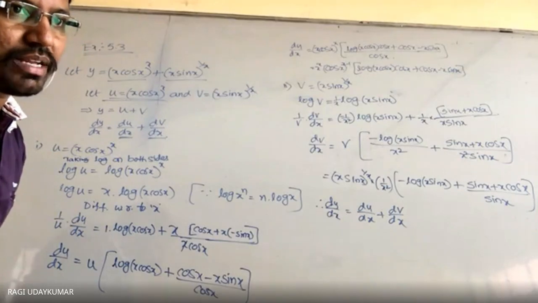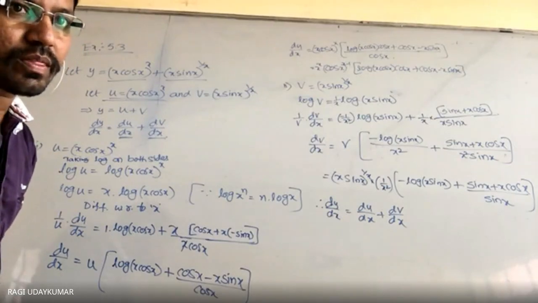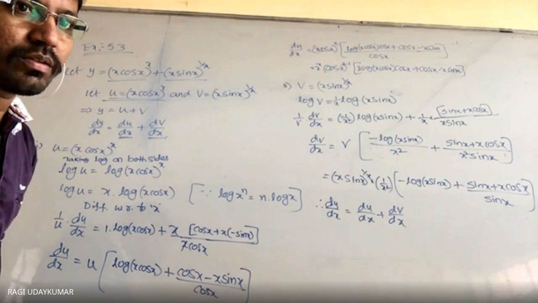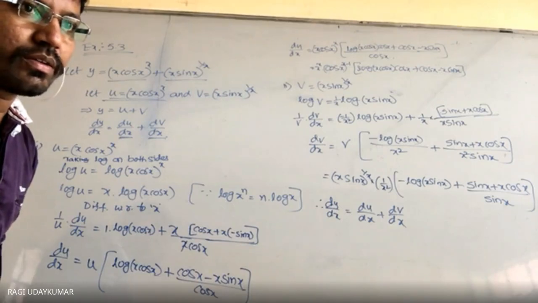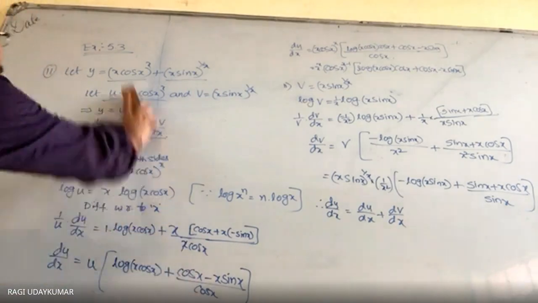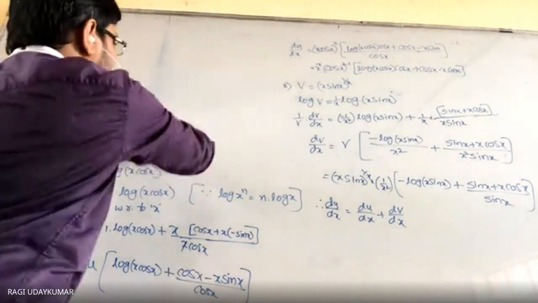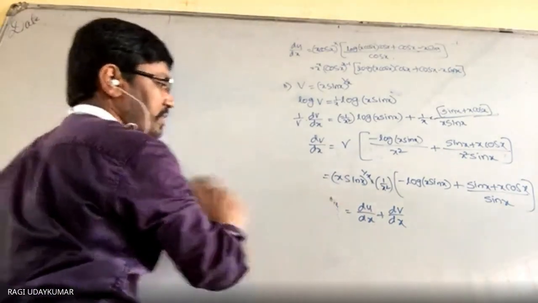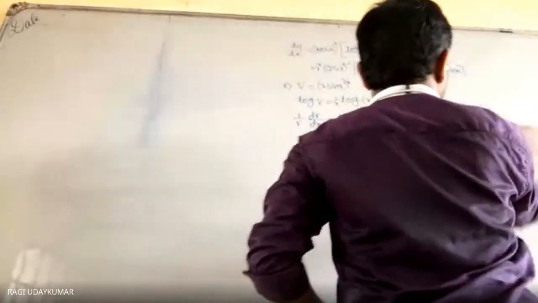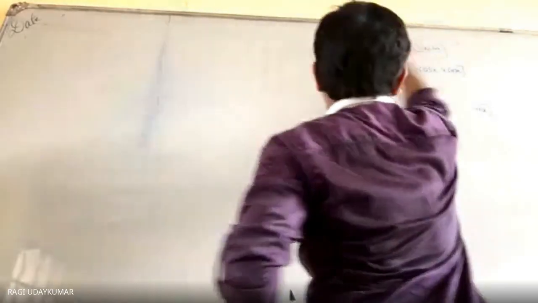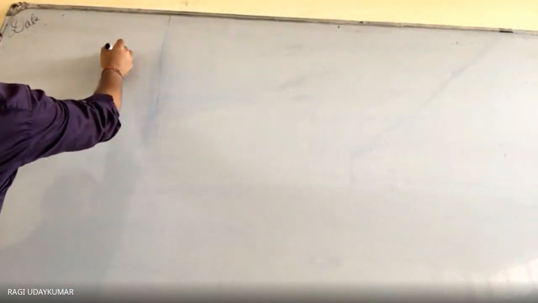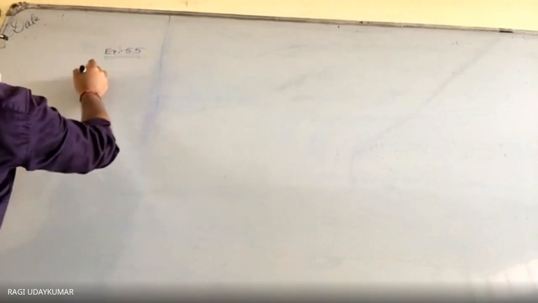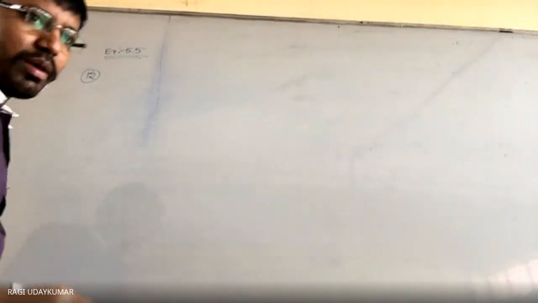From 12 onwards, whenever you take into consideration, oh, this is exercise 5.5. I had written 5.3, sorry. The next thing is the 12th problem in exercise 5.5. All these problems you can do. One problem I'll explain to you here.